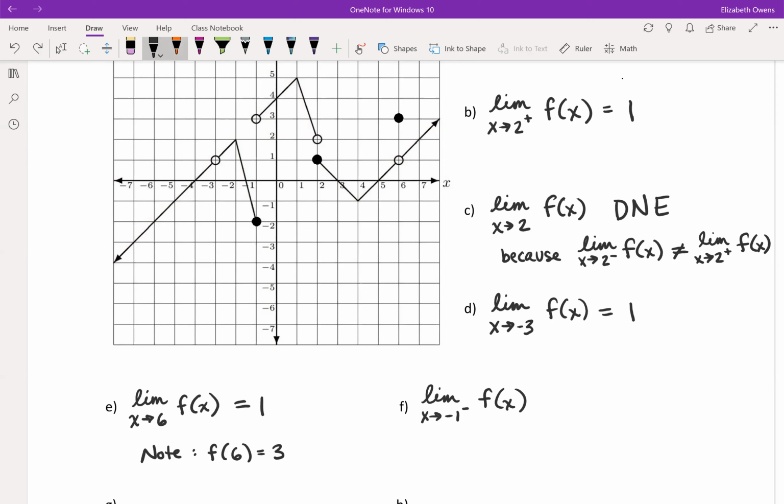Let's focus in on -1. That's right here. And we want to come towards that x value from the left, so from over here. All right. So we'll make a little mark somewhere on the function to the left of -1. And we're going to approach x equals -1 from the left. Trace along the function. Your x values get closer to -1. And it looks like we are approaching this point right here. So that would be a limit of -2.